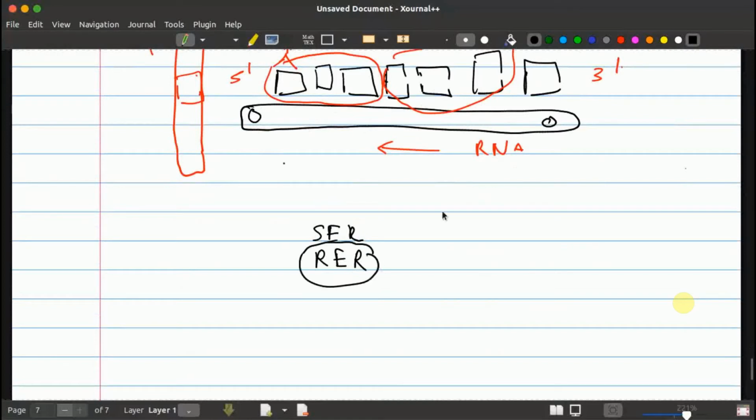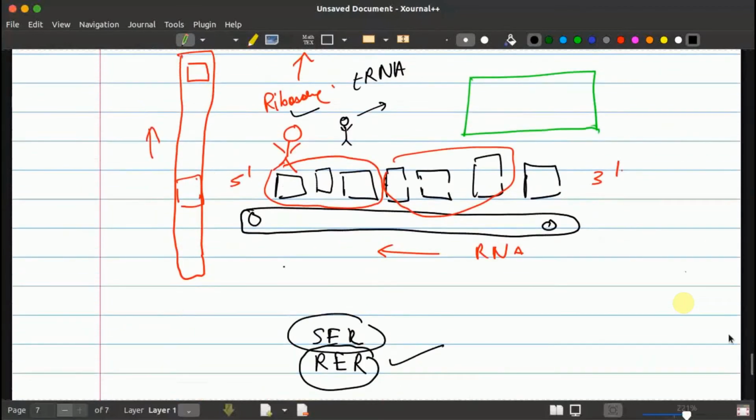Ribosomes are more abundant in rough, that's why it gives a rough-like appearance. And smooth has fewer ribosomes, so it has a smooth appearance. Most of your production is happening in RER, and both SER and RER are responsible for protein production. But your amino acids are not in your SER or RER. They are produced by the Golgi bodies and sent to the cytoplasm.